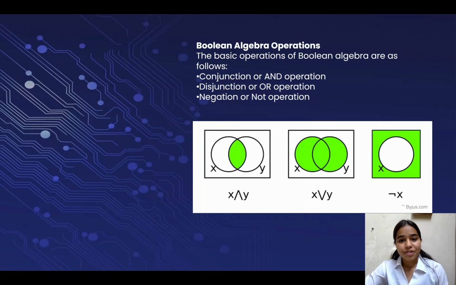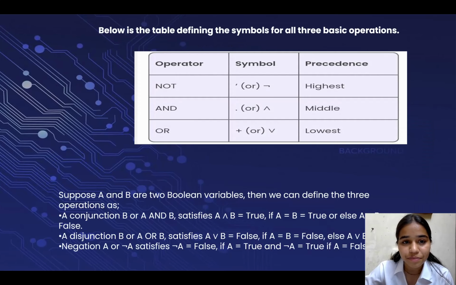Boolean algebra operations. The basic operations of Boolean algebra are as follows: conjunction or AND operation, disjunction or OR operation, and negation or NOT operation. Suppose a and b are two Boolean variables, then we can define the three operations.